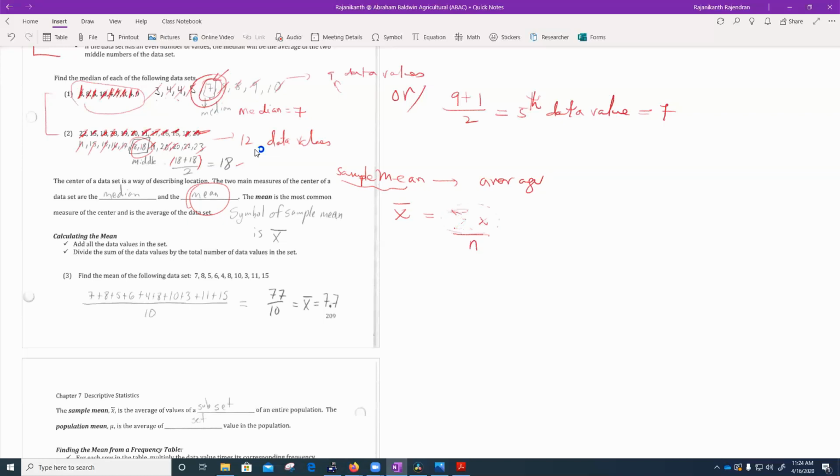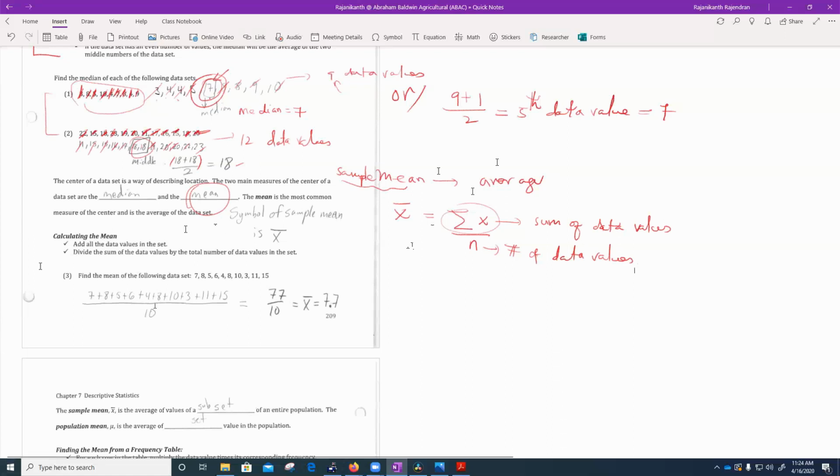Remember, summation x means the sum of all the data values. Then you need to divide by n. This n is the total number of data values, right? So add all the data values, then divide by the number of data values, which is called x bar, sample mean, average.